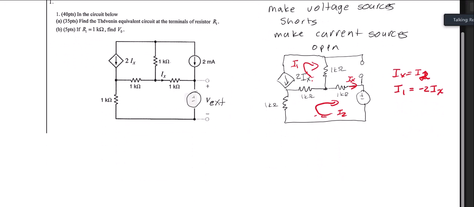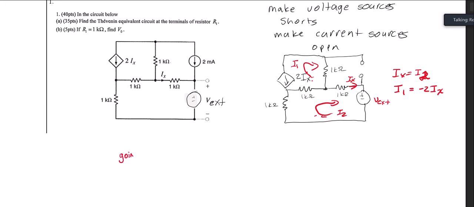Okay, so now if I write my mesh equations, remember the way you write your mesh equations is you follow the little path that you took, and going into a voltage source, you take the sign of the terminal where you enter.